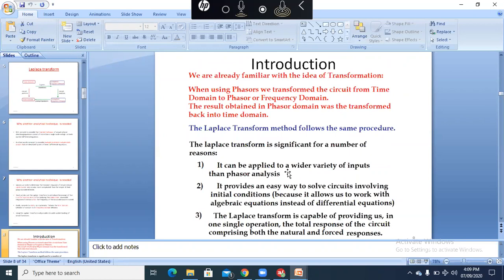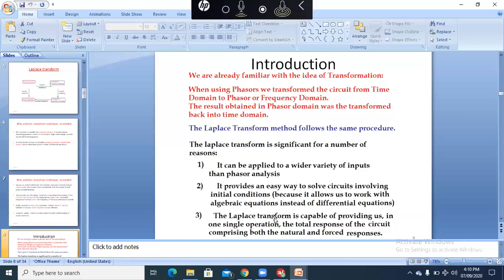It is significant when we have a variety of inputs for phasor analysis. Also, we can take into account the initial condition of the circuit, which we cannot consider without the Laplace transform.